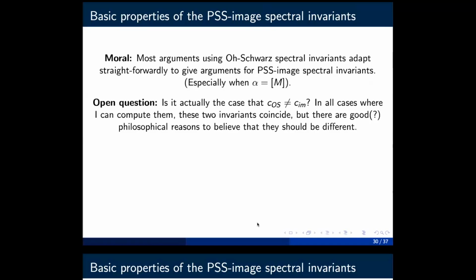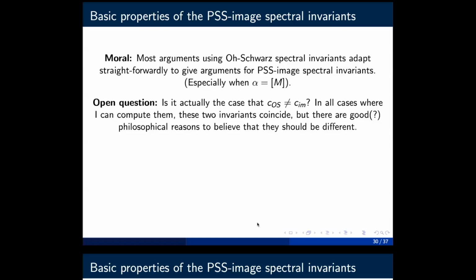Whereas if you read O's work on chain level geometry of these things, you can see that the O-Schwarz spectral invariant can be understood as a spectral invariant that arises when you allow probing by continuation maps that are arbitrarily small. So this is probing from long continuation maps, versus using all possible continuation maps.